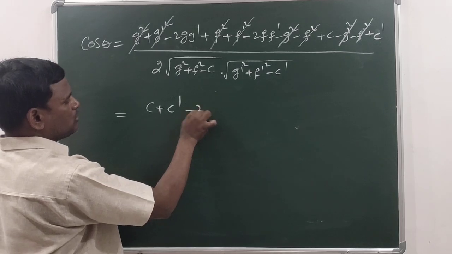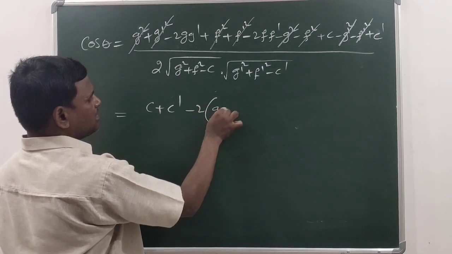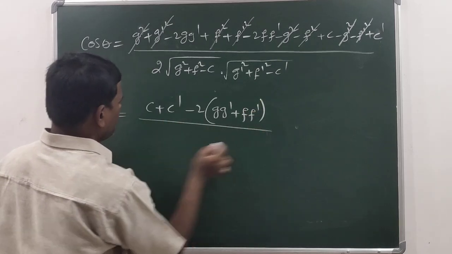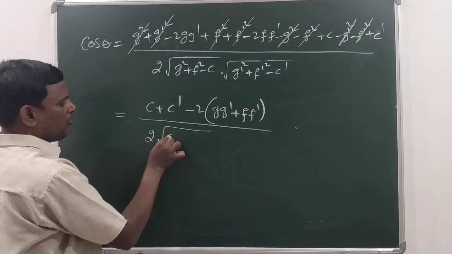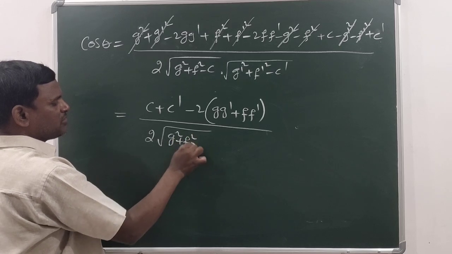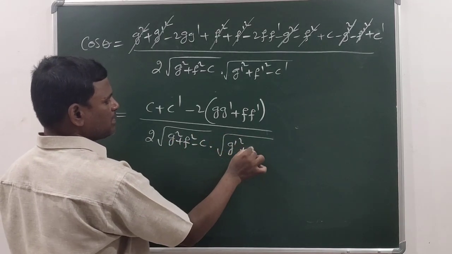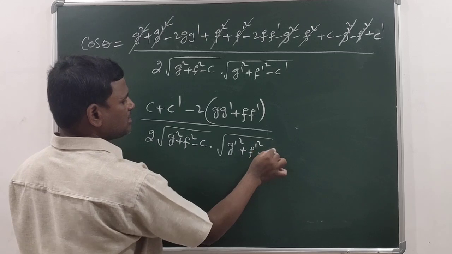From both, take minus 2 common. Inside you will get gg dash plus ff dash, whole by 2 into root of g square plus f square minus c, into root of g dash square plus f dash square minus c dash.